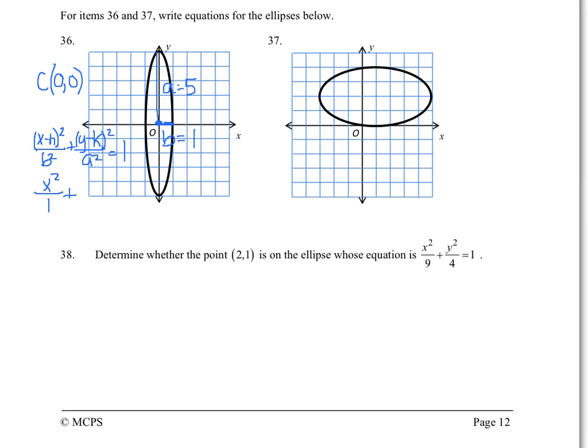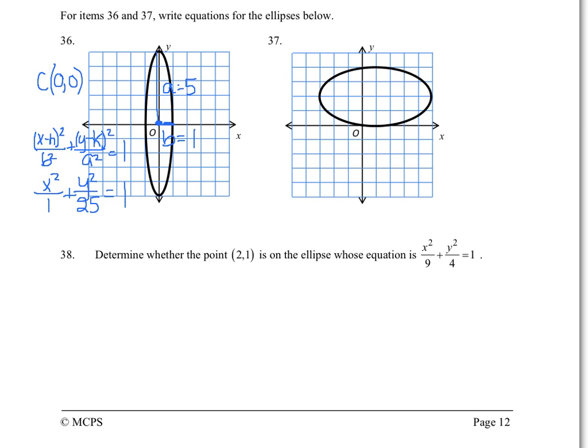Plus y minus 0, which is y, so y squared over a squared. A is 5, 5 squared is 25, equals 1. So the equation of my ellipse for 36 is x squared over 1 plus y squared over 25 equals 1.